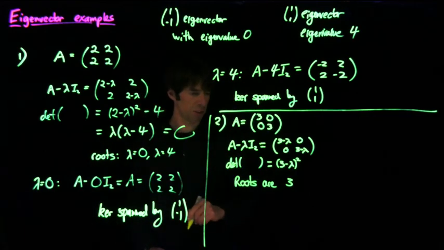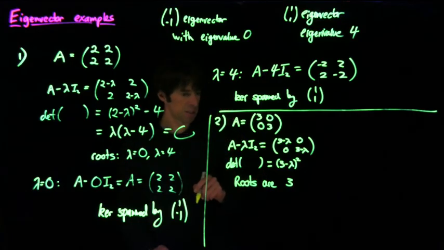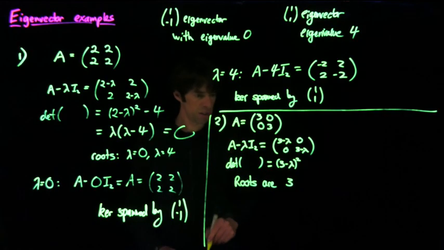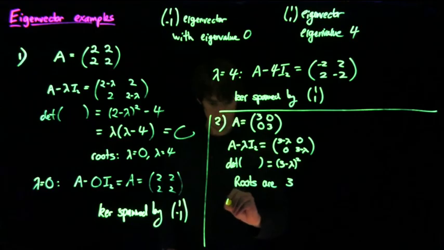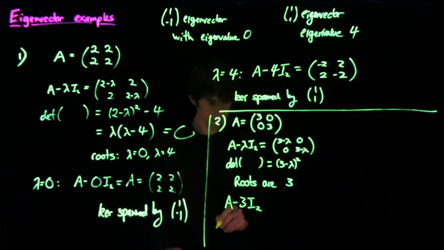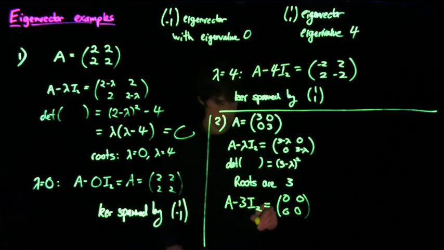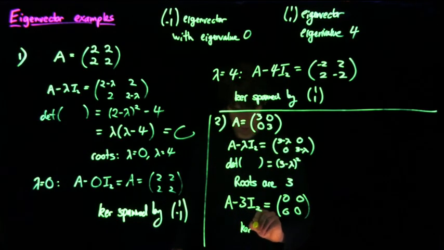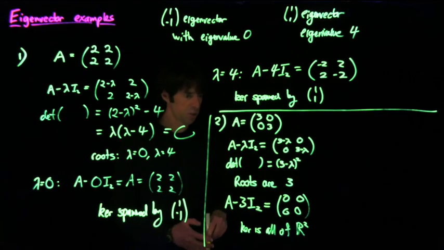So 3 is our eigenvalue. So we've only got one eigenvalue in this case, whereas in the previous one we had 2 eigenvalues. Let's look at what the kernel is now. So A minus 3 times the 2 by 2 identity is equal to, oh look, it's the 0 matrix. So the kernel is all of R2 in this case.